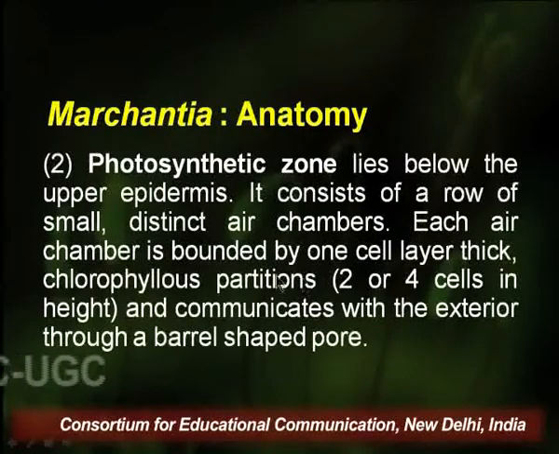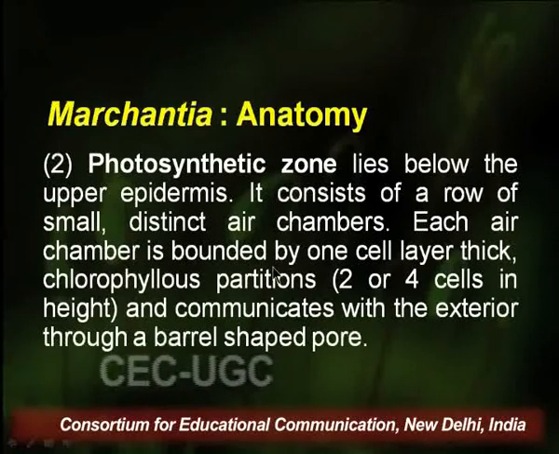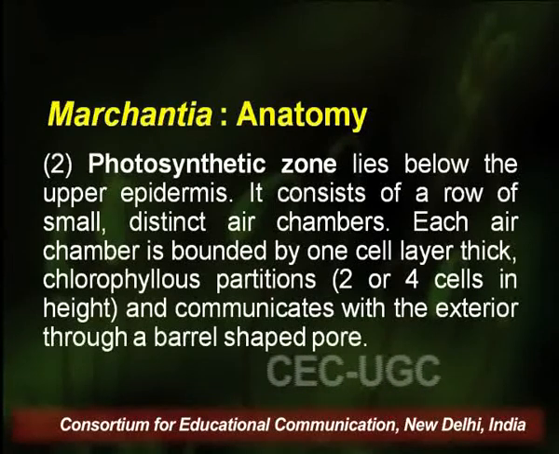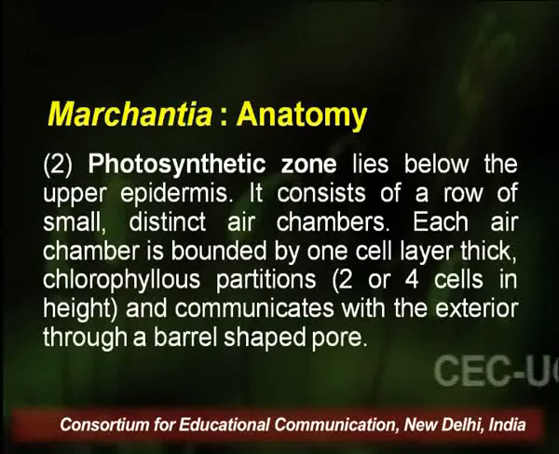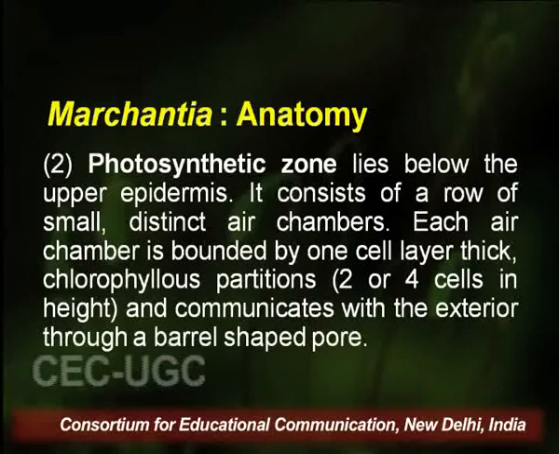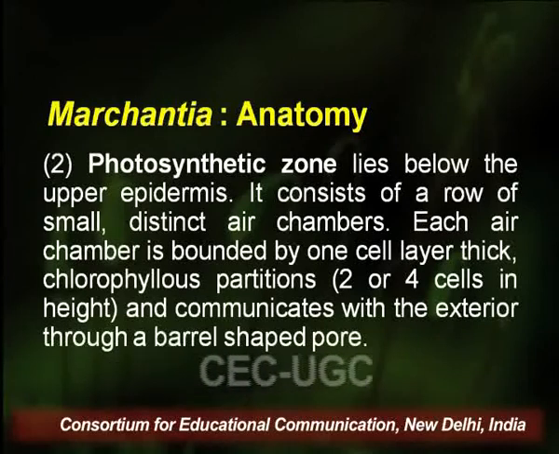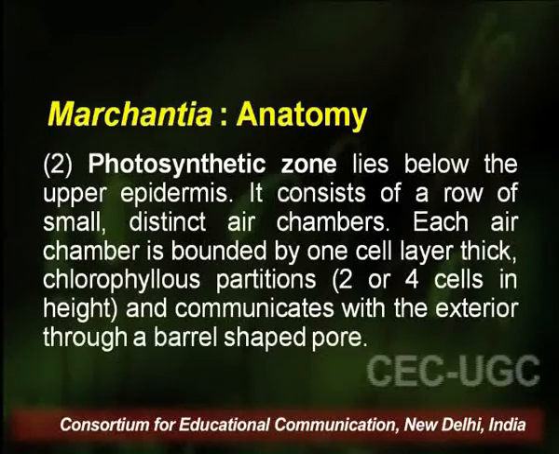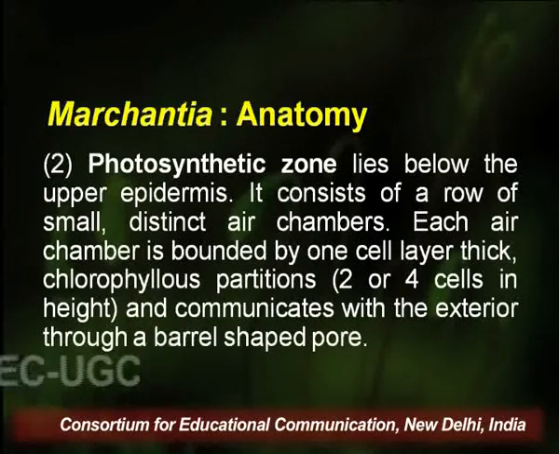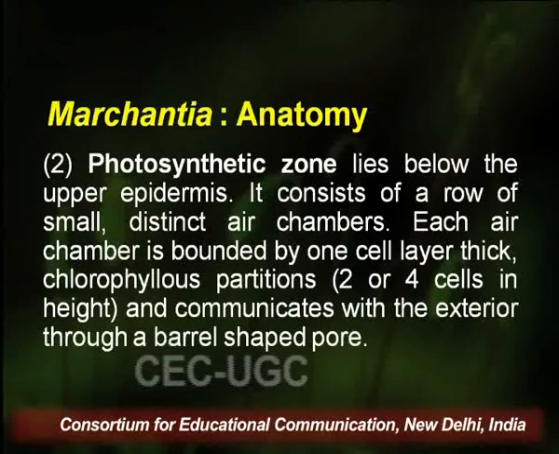The photosynthetic zone in case of Marchantia lies below the upper epidermis. It consists of a row of small distinct air chambers. Each air chamber is bounded by one cell layer thick chlorophyllous partitions and communicates with the exterior through a barrel-shaped pore.